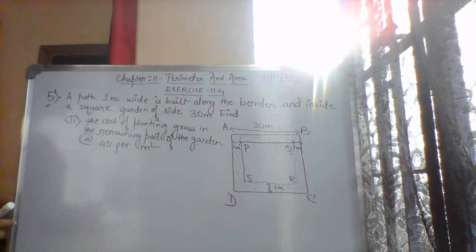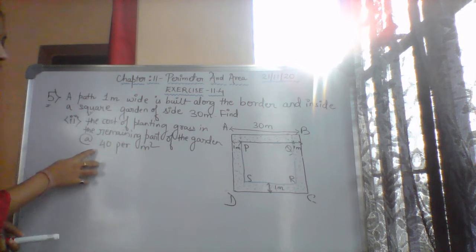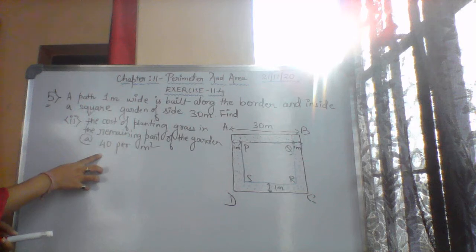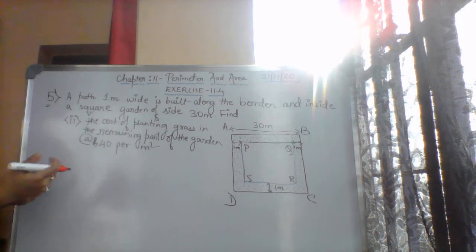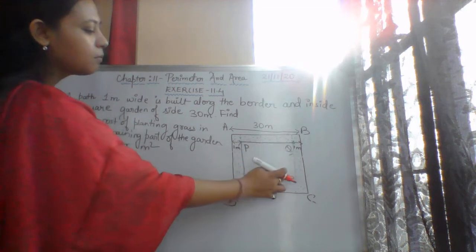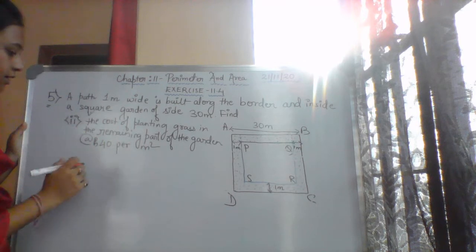We need the area of PQRS, because per meter square we need rupees 40. So first of all, we are going to find out the area of the PQRS region.